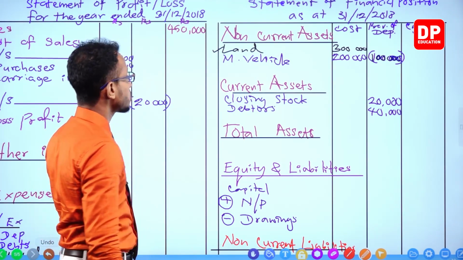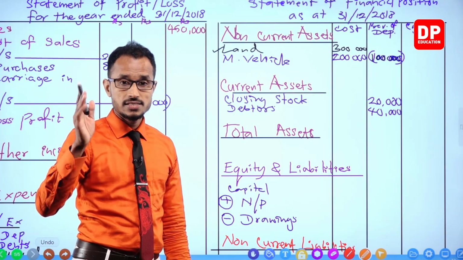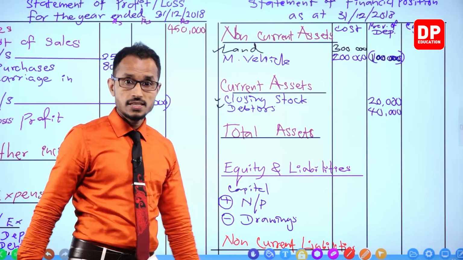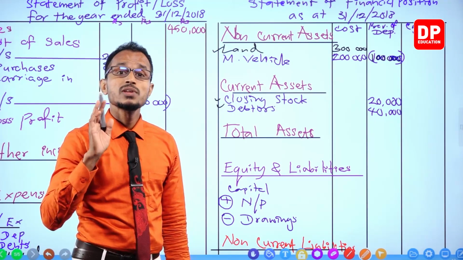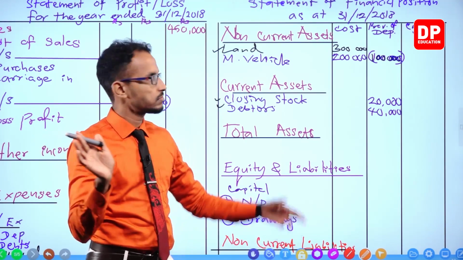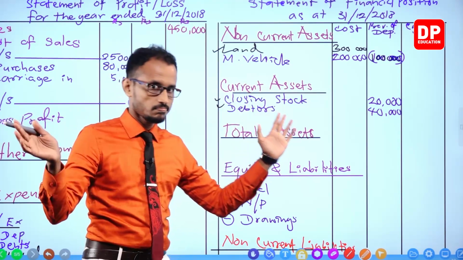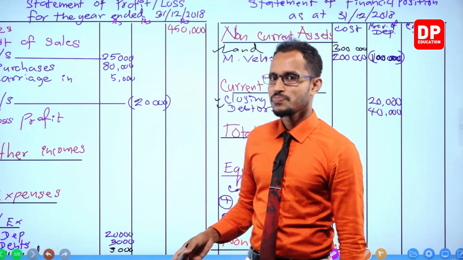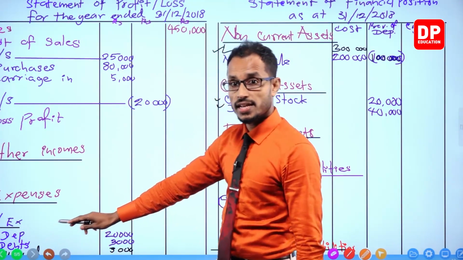Because we have to mention the non-current assets and current assets, both, listed according to the liquidity order. I can't teach you liquidity order now. You have to go and check out that lesson.